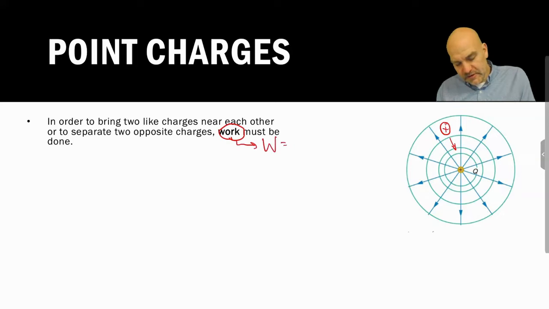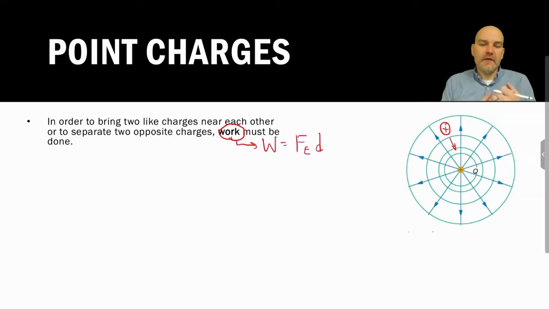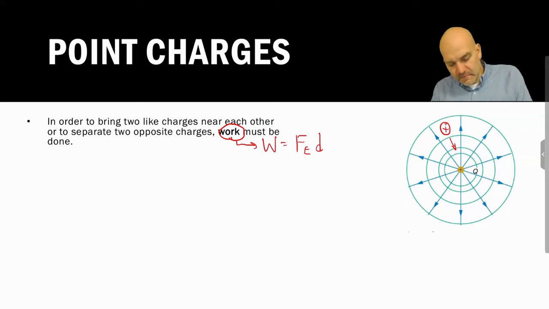And so remember, the work equation is going to be Fe, the electrostatic force, which is what we're going against, times the distance we move those charges. But remember, the electrostatic force has an equation.